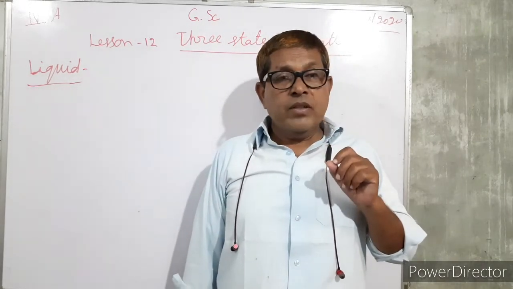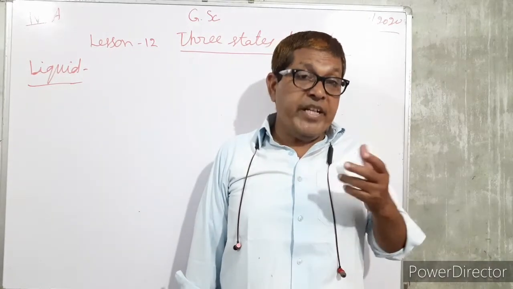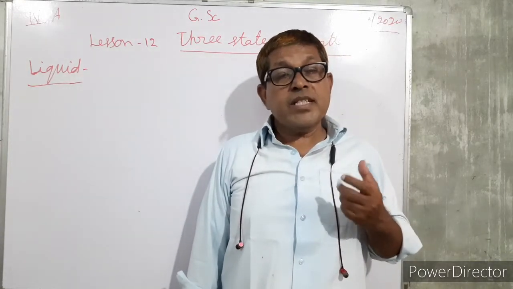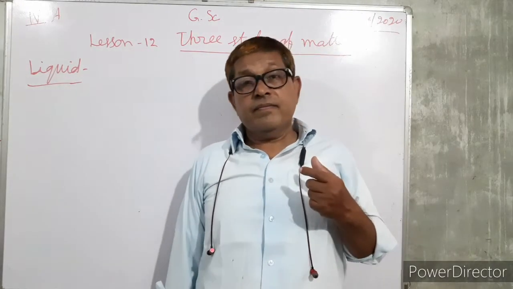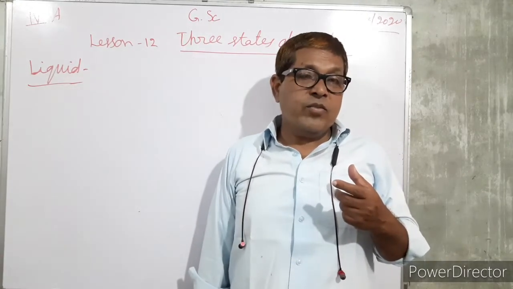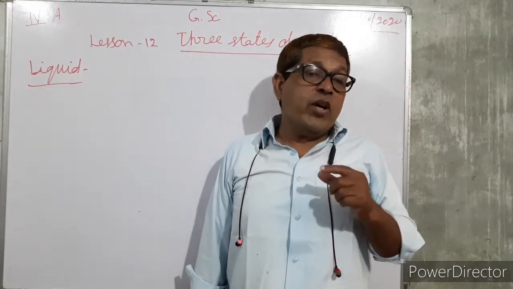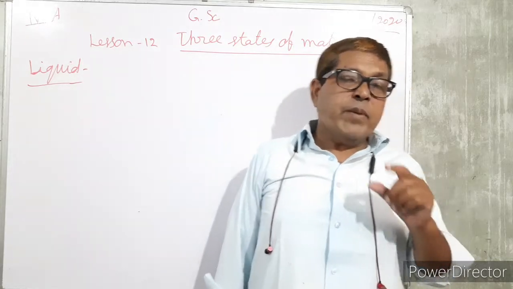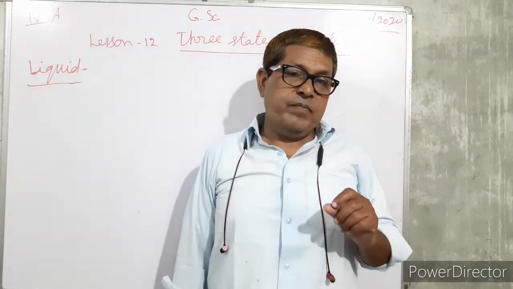What is volume? The space occupied by the matter is called the volume. As in case of the water, if we took the water in 1 liter, then the volume of the water will be 1 liter. If you took the water or milk 50 ml, then the volume will be 50 ml.